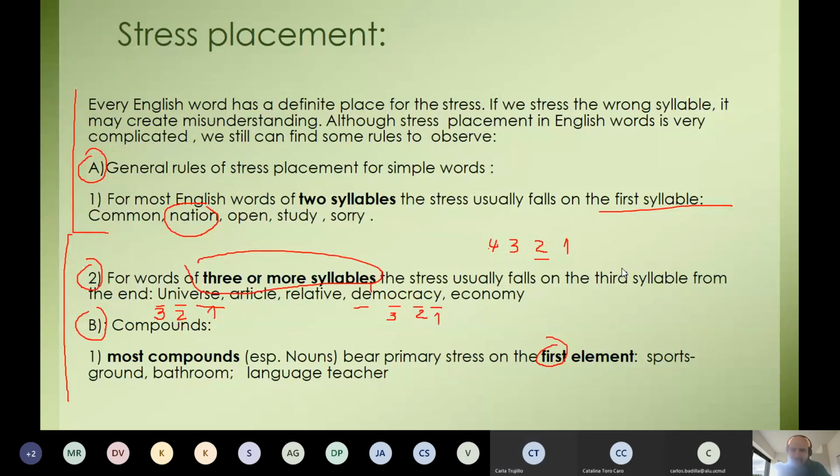So my first piece of advice would be to define whether the words contain a suffix or not. If they do not contain a suffix or a prefix, I would follow that rule: count the syllables from right to left and stress the 3rd one.